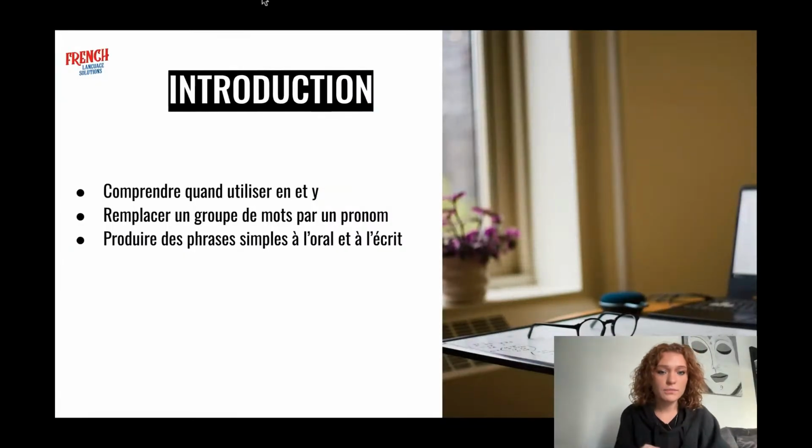First, introduction. Comprendre quand utiliser en et y, meaning understand when to use the en and the y. Remplacer un groupe de mots par un pronom. Replace a group of words by a pronoun. This is what we use it for. When you have a regular phrase, we sometimes make it short or avoid repetition by using one of those two pronouns.